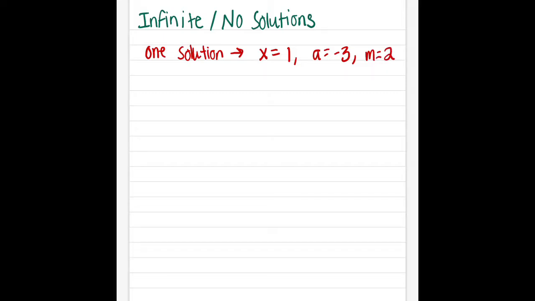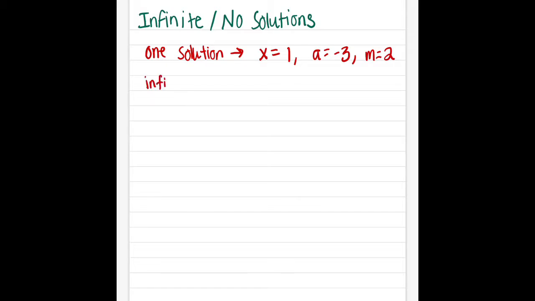It's just normal answers like we've been getting. So every answer that we've been getting so far where we have a variable equals a number is just one solution. That means you just get one answer and one number for that answer. So infinite and no solutions are different.